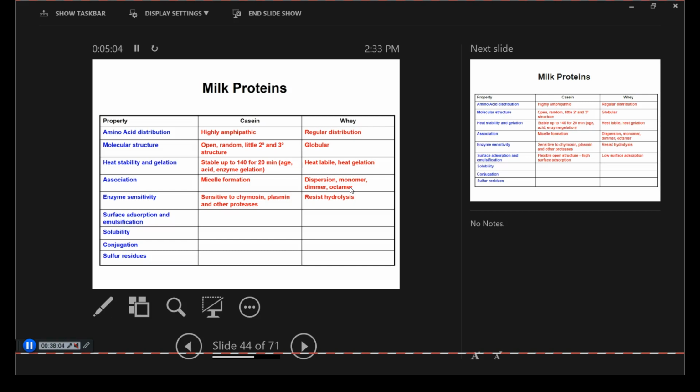Plasmin does not hydrolyze whey protein, and whey protein is not that sensitive to chymosin. So it's a globular protein that resists hydrolysis naturally. Obviously, they will be digested by different enzymes, but not as easily digestible as the open structure casein.